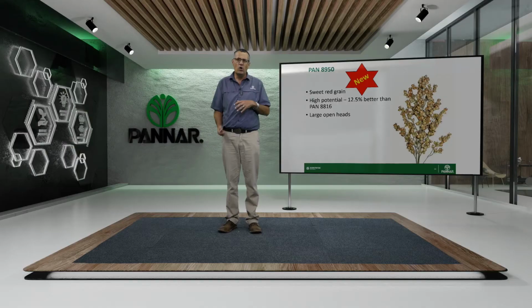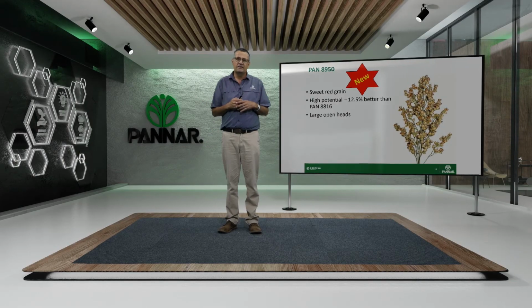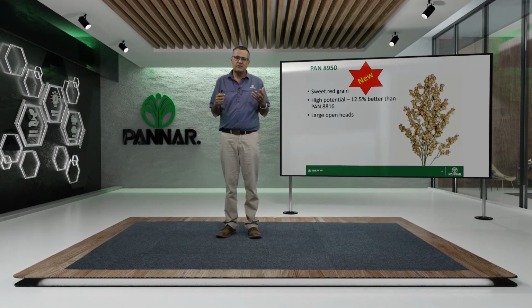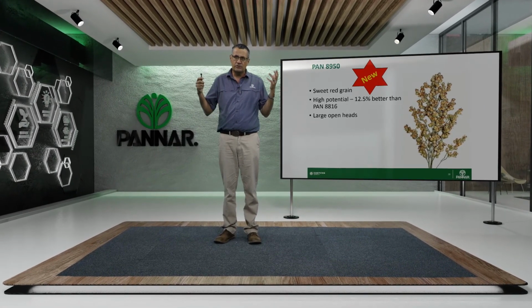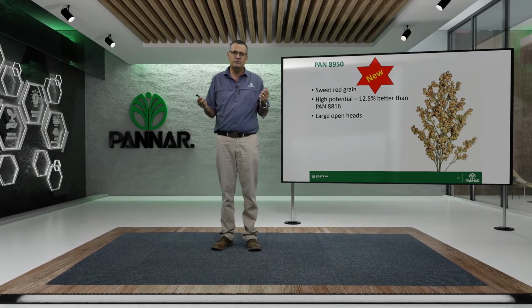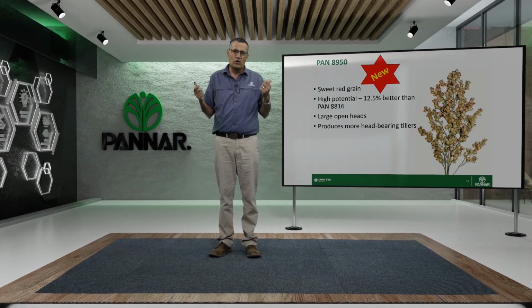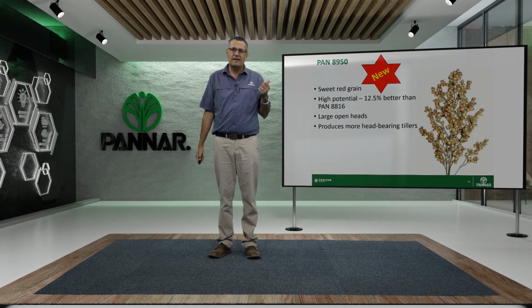I'm very happy to say I can recommend this in all areas of your farms. It's got a nice open head where insect control is easy, so it's easy to get your insecticides in between the seed. And as I said, it has a lot of seed-bearing tillers, and everywhere you plant Pan 8816, you can plant Pan 8950.